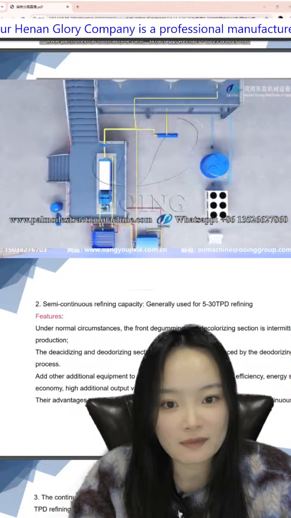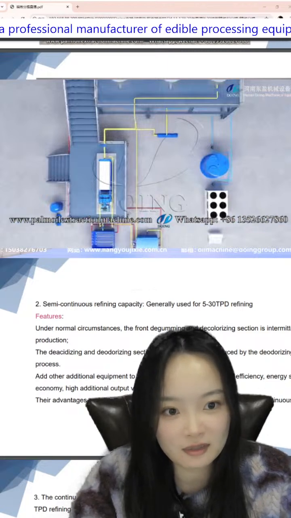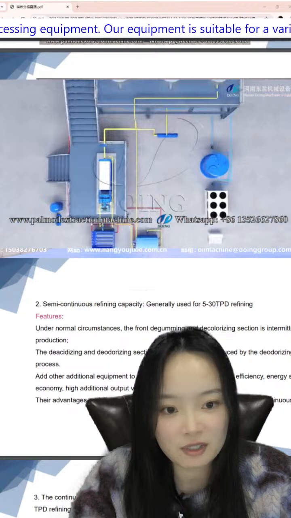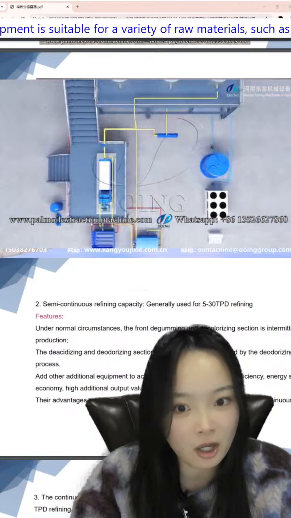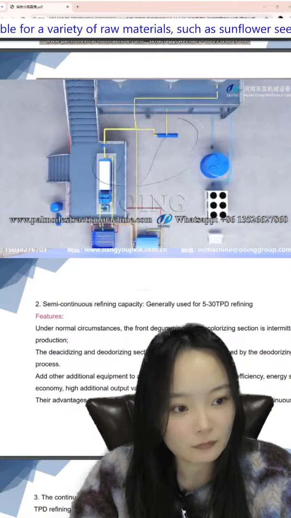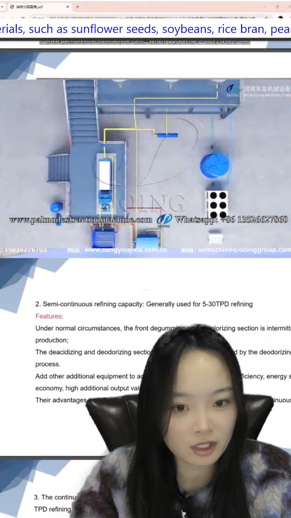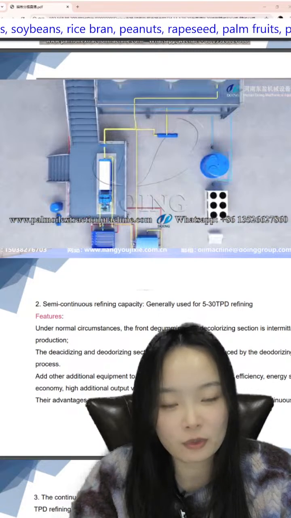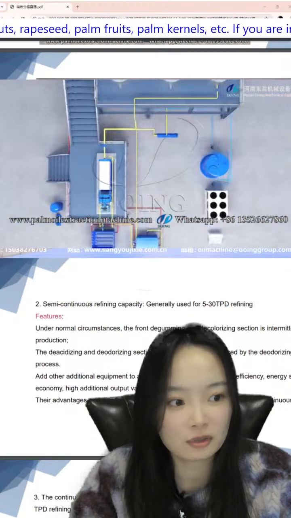And it also has some features. Under normal circumstances, the front degumming and decolorization section is intermittent production, and the deacidification and deodorization sections are continuously produced by the deodorization tower process. In the semi-continuous refining, we have the deodorization tower, but in the intermittent, we use the deodorization pot, not a tower.